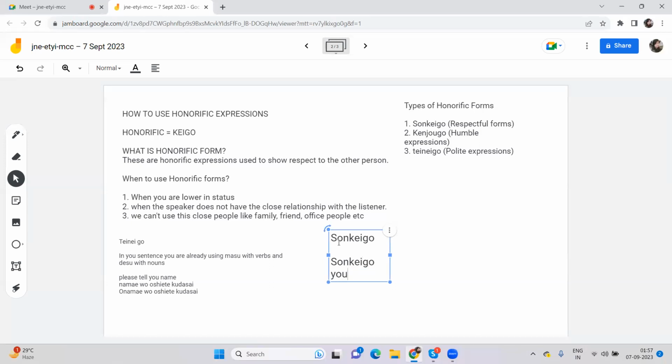You can't use it for yourself. Why can't you use it for yourself? Because sonkeigo is used to give respect to the other person. So if you use it for yourself, it means you are giving respect to yourself. That is not good, right? So sonkeigo you can't use for yourself.